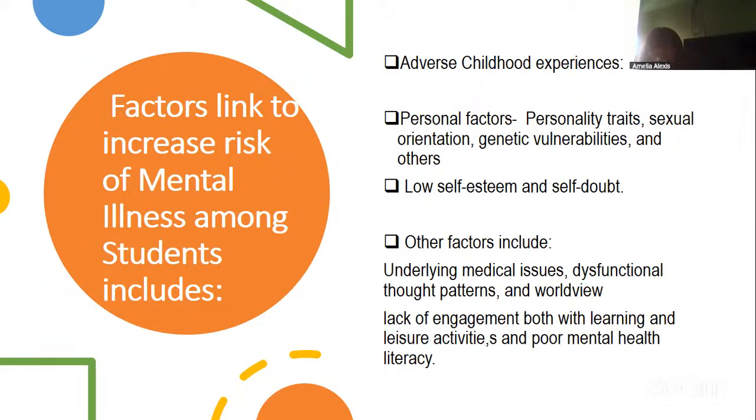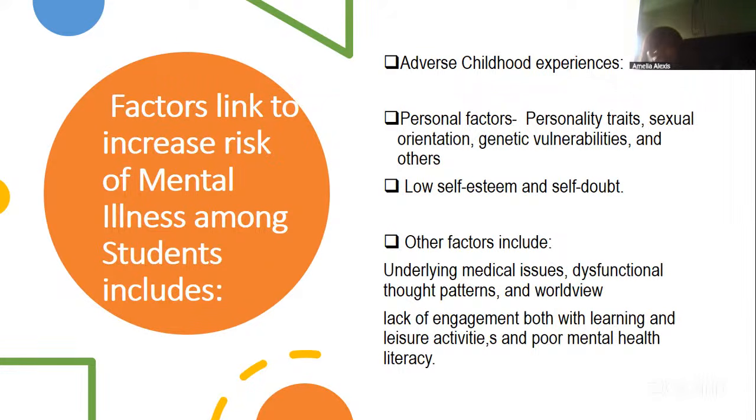Specific to persons entering university, there is evidence that persons who are predisposed to certain negative experiences, be it personal or social or biological, in their earlier years, may be more at risk of developing a mental illness.